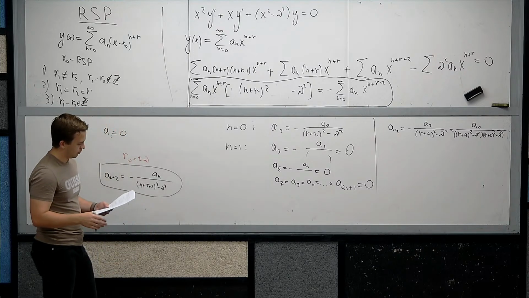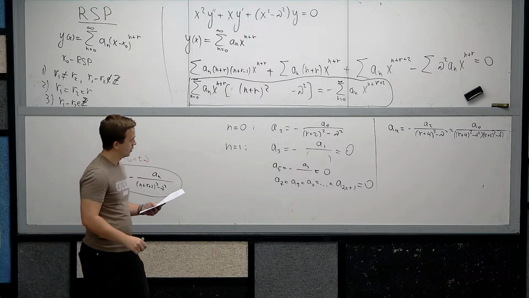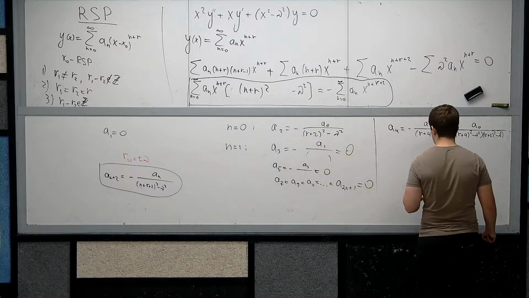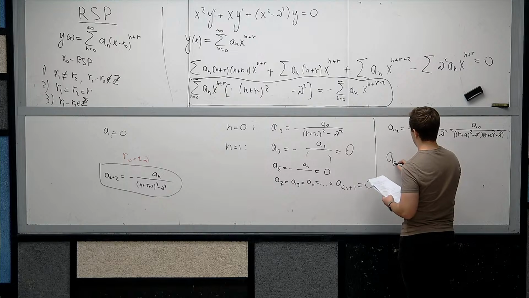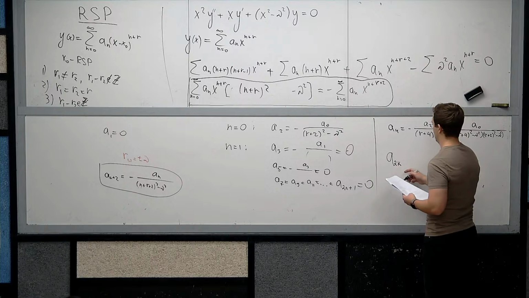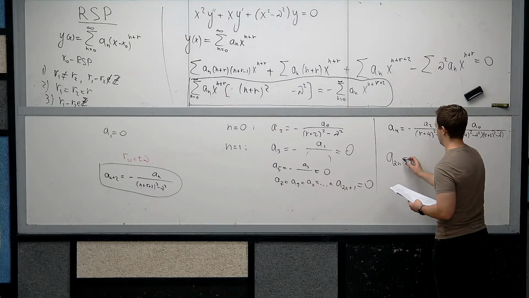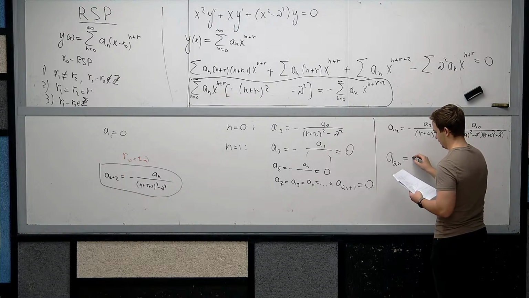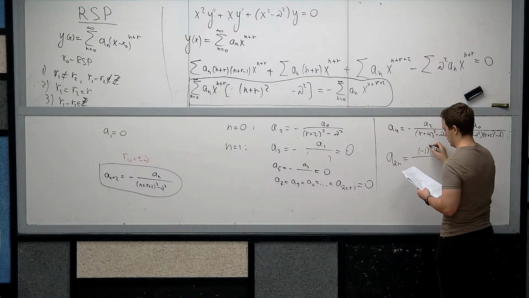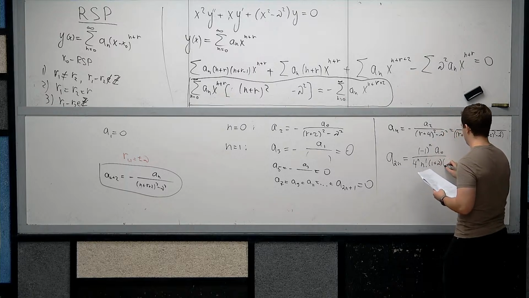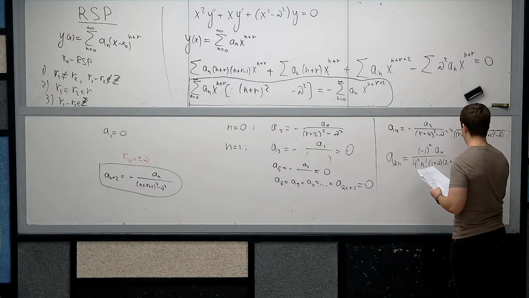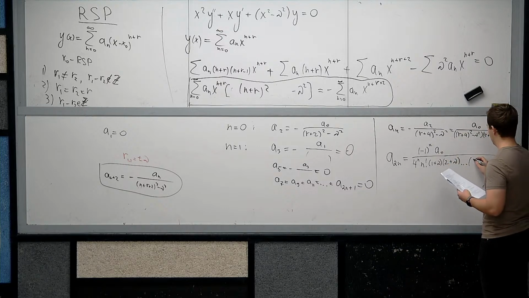And then we just continue to do it, and we will get the general expression for a, let's call it 2k, or in our case 2n, so the even coefficient will be minus 1 to the power of n, then a0, n factorial, n plus 1 plus nu, 2 plus nu, and so on and so forth till n plus nu.